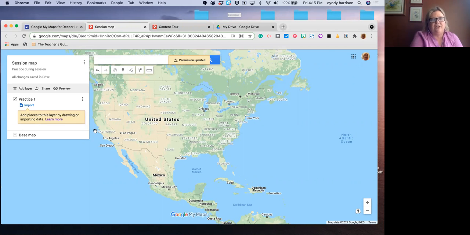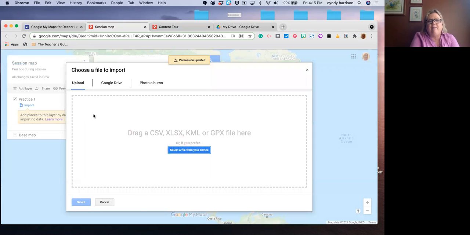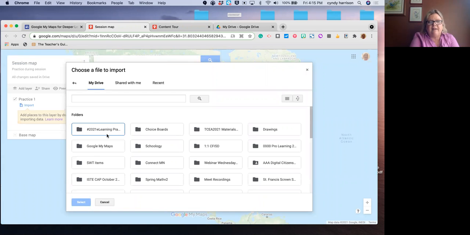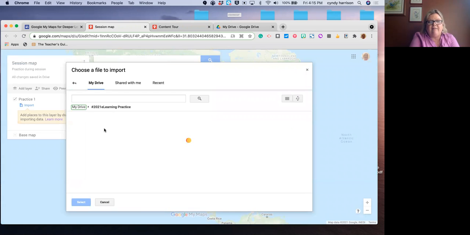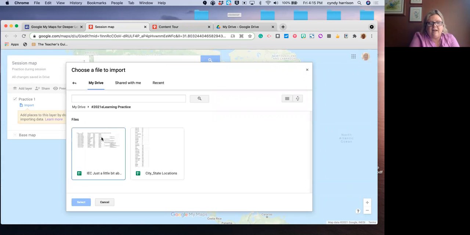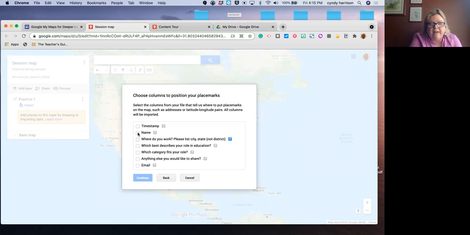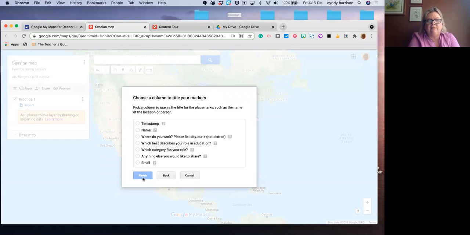The other thing to do is you can also import. So if I click on import, I can now go to my Google Drive, and I have select, and I can bring your name. Oh, and this is the wrong thing, but okay. And I'm going to just go ahead and continue.